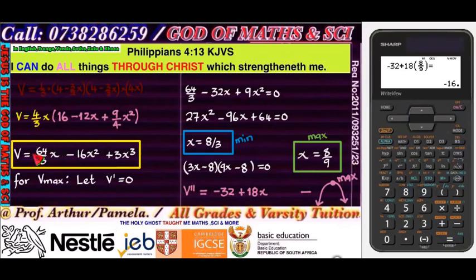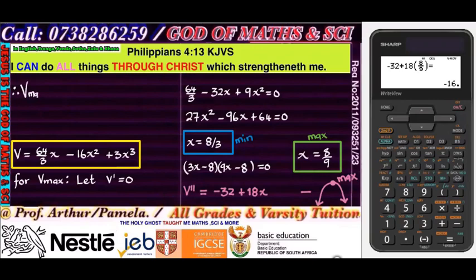So I need to substitute it there because they're asking me for the maximum volume. So I need to substitute it into the yellow. Then I can now write here, therefore, the maximum.